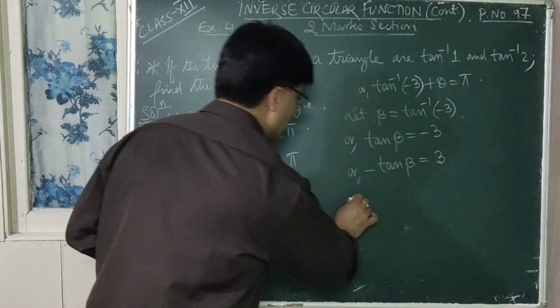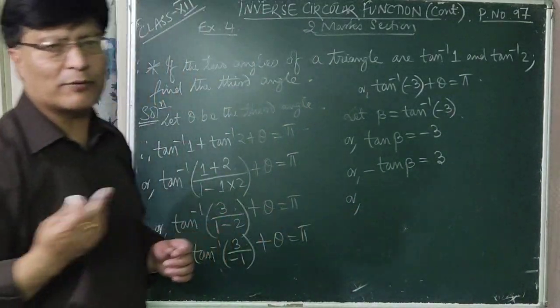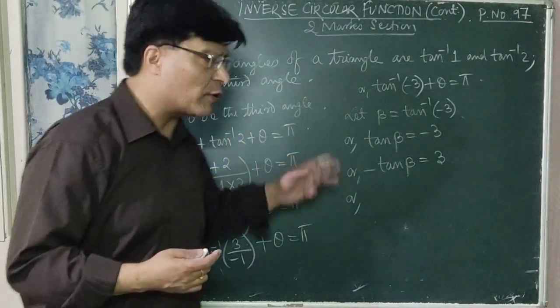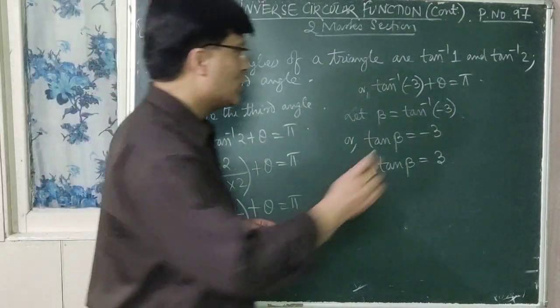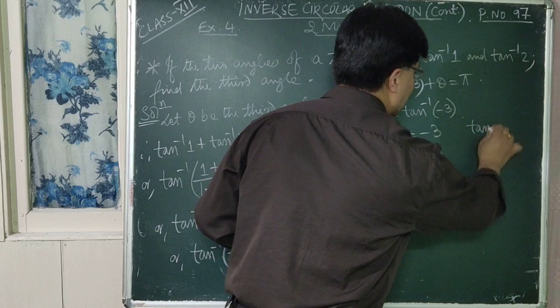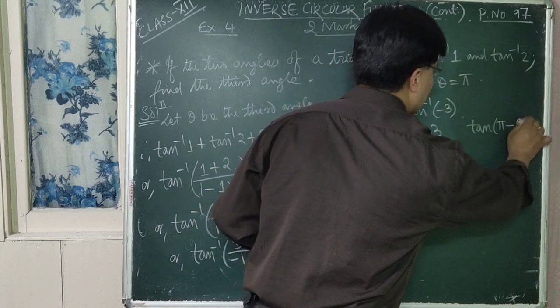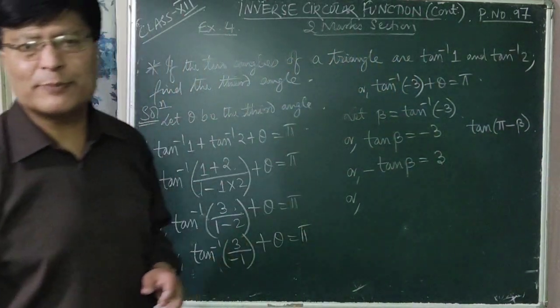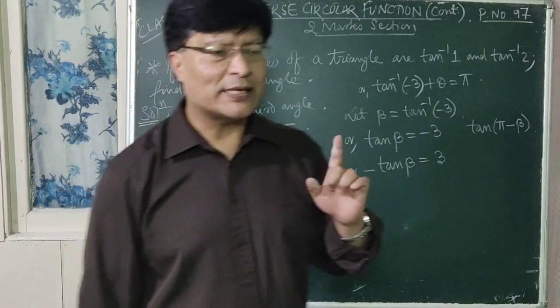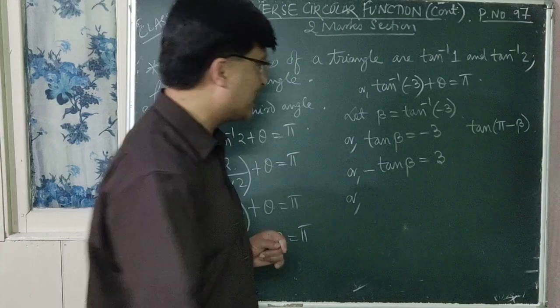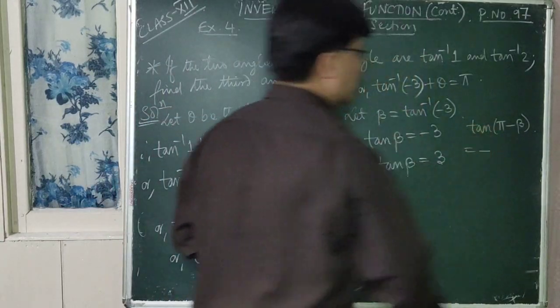Now, instead of minus tan beta, how do you write it? You know that the formula for minus tan beta is tan of 180 minus beta, isn't it? So if you write tan of pi minus beta, what is it? 180 minus beta lies in the second quadrant, and in the second quadrant tan is always negative, so it is minus.